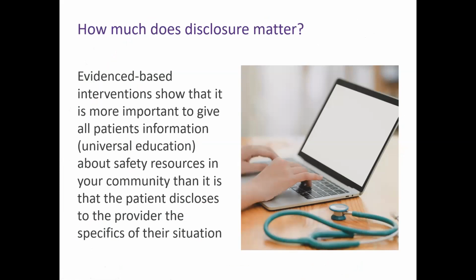So we see a lot of clinics and offices and hospitals across the country are actually moving towards a universal education model because even if somebody does not disclose to their provider that they're experiencing abuse, but they go home with a brochure or they get some information from their provider, they're still more likely to get to safety faster, even if they never tell their provider they've experienced abuse.